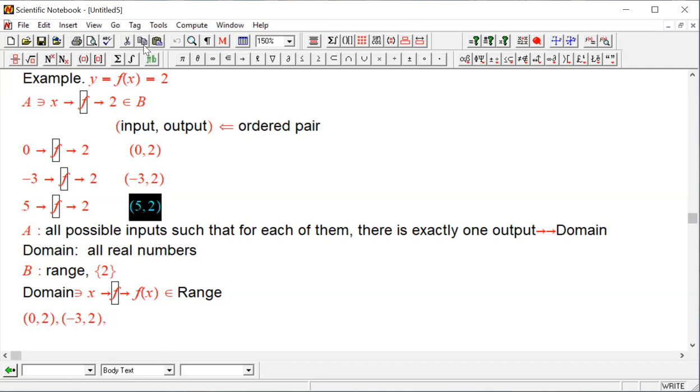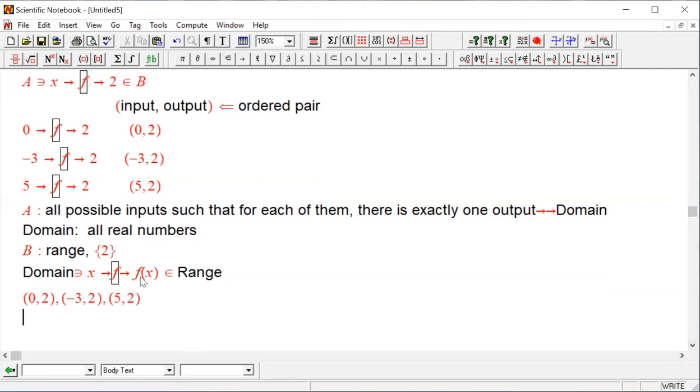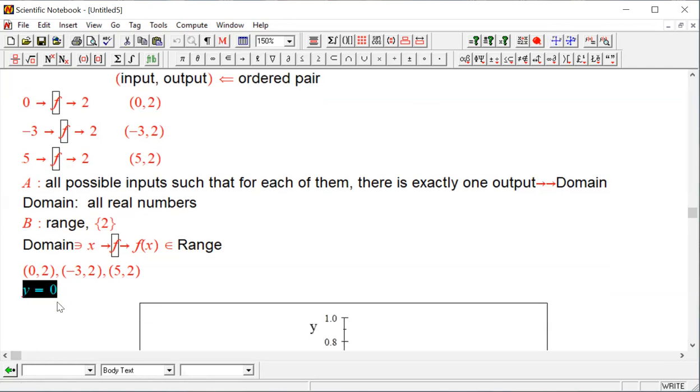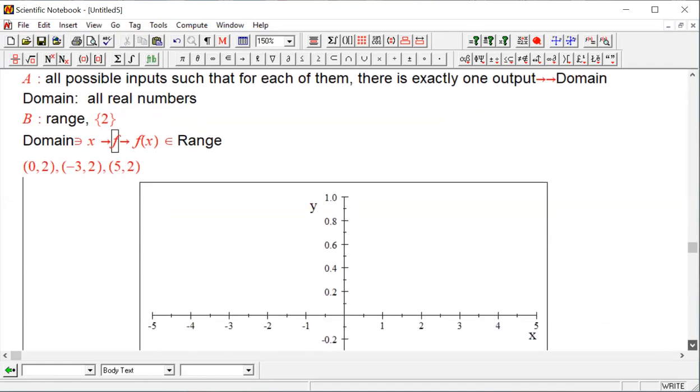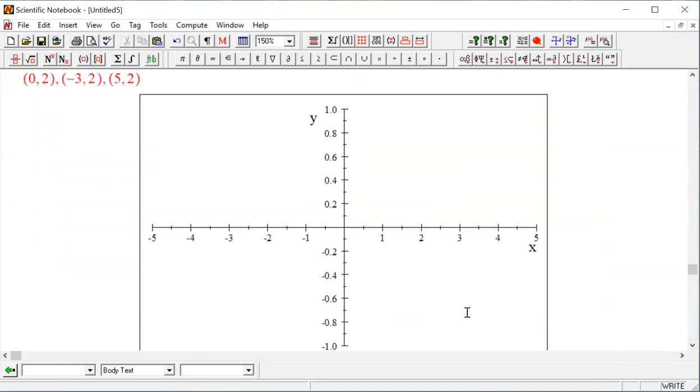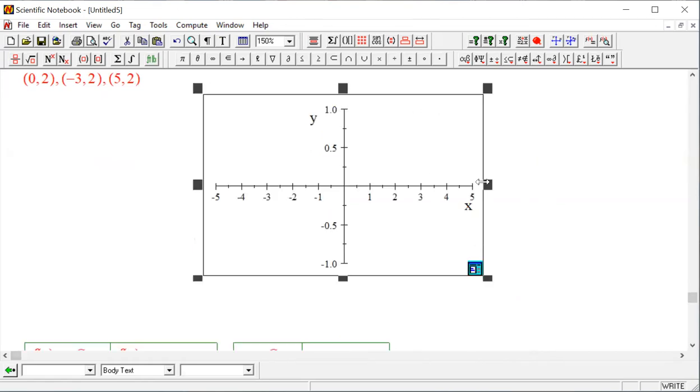Feel free to make more if you wish. And I'm going to set up the rectangular system. Don't worry about why I type y equals 0. It just gets started in the program. I'm going to put the points in place.